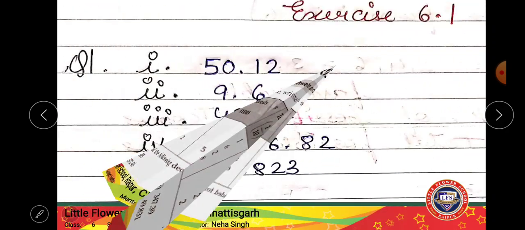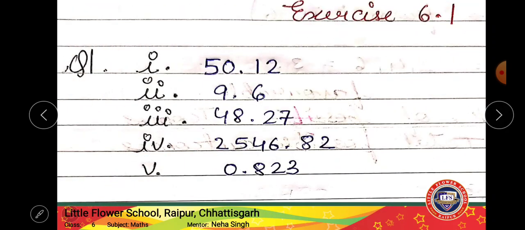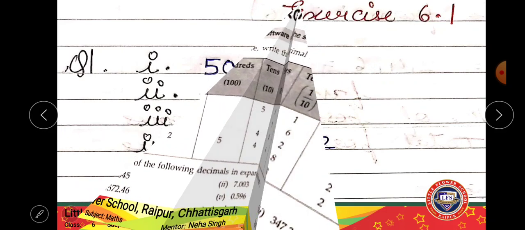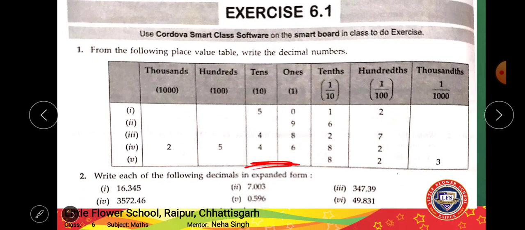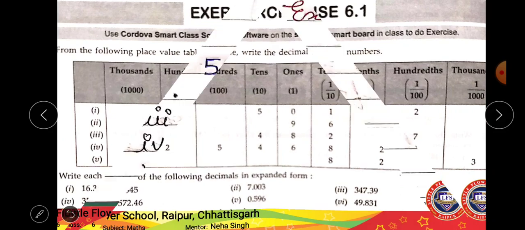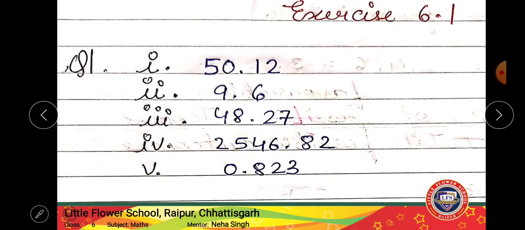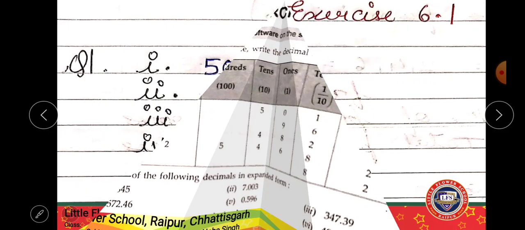Next, 2546.82. See 9.6, 48 point, wherever the fraction is starting. See, this 2 is in the tenths place, meaning 2/10. Therefore it is after the decimal, right? See here, before the decimal no number is given, just 0.823. So the answer will be 0.823, okay? So this was the first question. You just need to write the decimal numbers, okay?